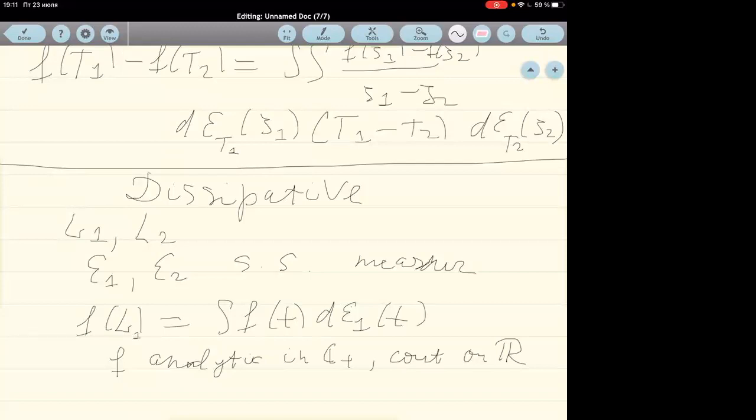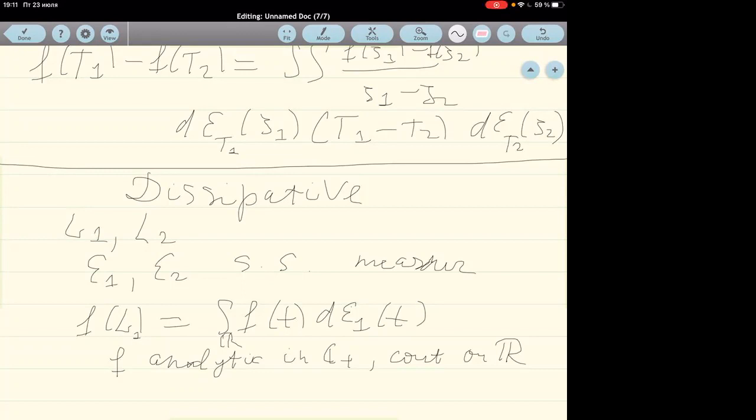Sir, here this semispectral measure is corresponding to the contraction or what? Okay, each contraction has a unique semispectral measure, and it is a semispectral measure on the unit circle, and each dissipative operator has a unique semispectral measure on the real line.